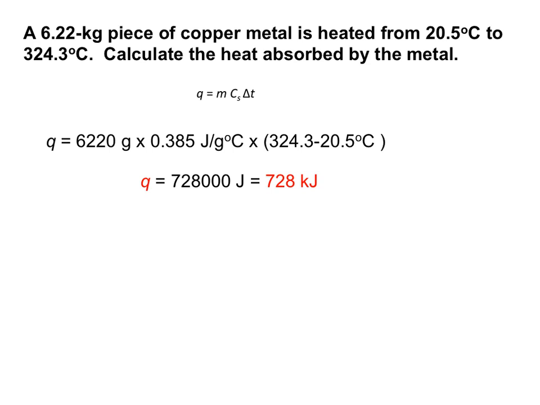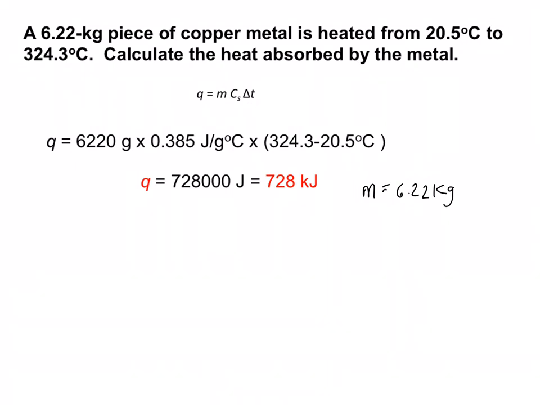So we have a very similar problem here. We've been told that a 6.22 kilogram piece of copper metal is heated from 20.5 degrees C to 324.3 degrees C, and they want us to calculate the heat absorbed by the metal. Obviously we've gone from a lower temperature to a higher temperature, so some absorption has occurred. Looking at the pieces they've given us, our mass is 6.22 kilograms.